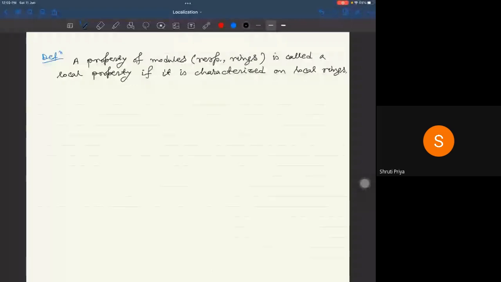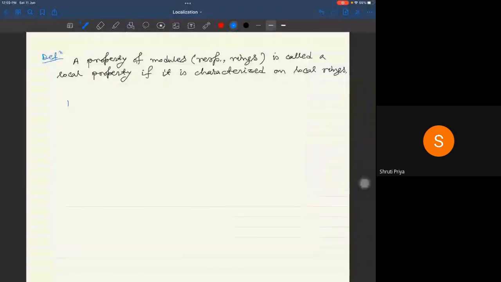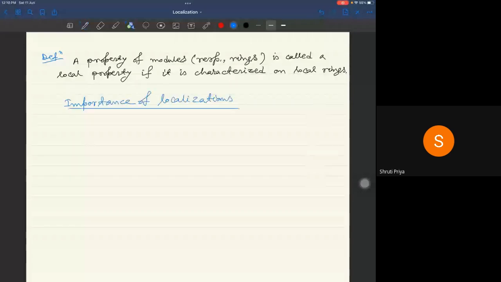Okay, so this is the importance of localizations and how we can reduce any problem to a local problem.